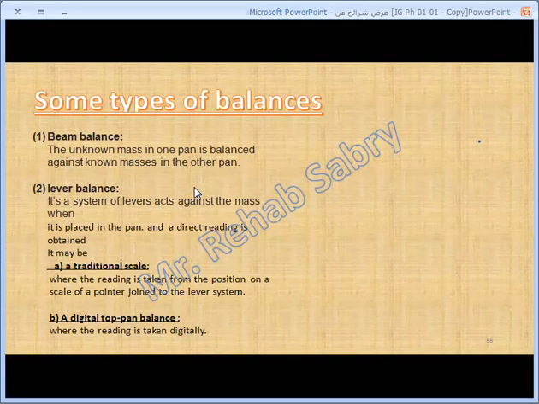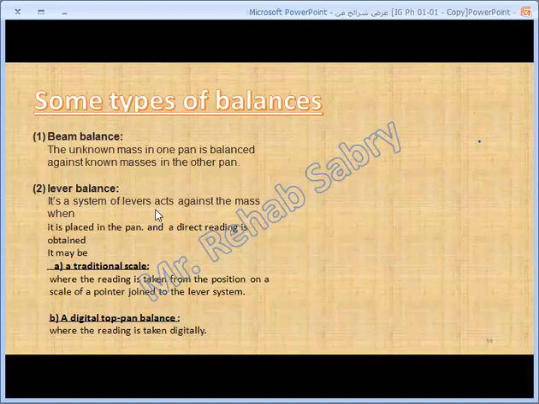Now let's go to the second kind, which is called the lever balance. What is meant by the lever? The lever is an arm, something like an arm, rotating around an axis called a pivot. We have a set, or system, of levers.